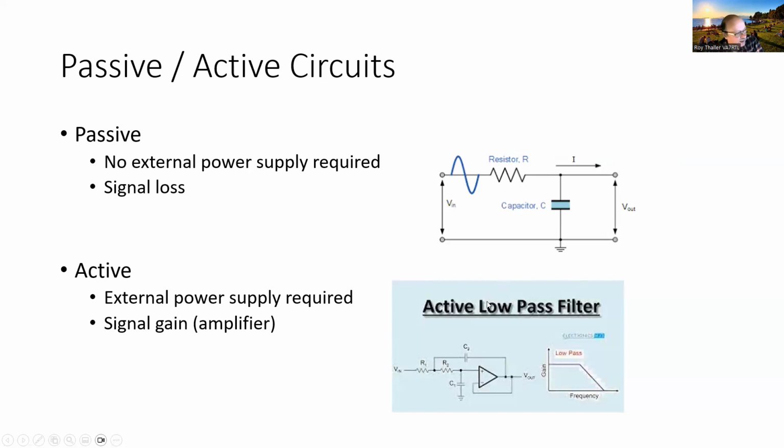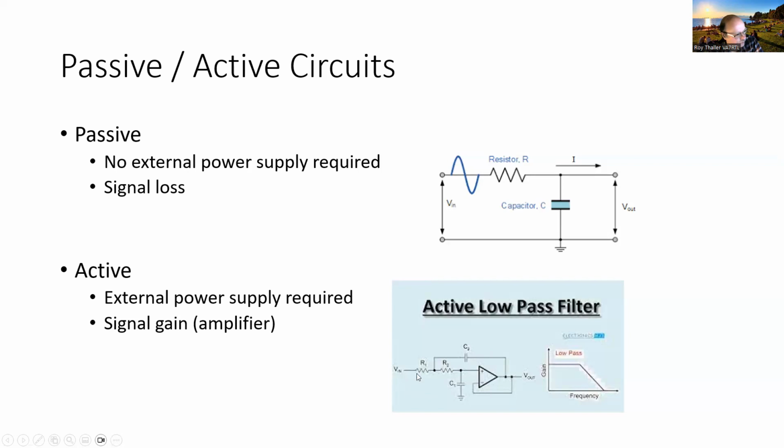Now, if you looked at another low-pass filter, this is typically in the audio range. You tend to use an amplifier. So this is an operational amplifier, and we'll be talking about operational amplifiers in the advanced Module 2 course.